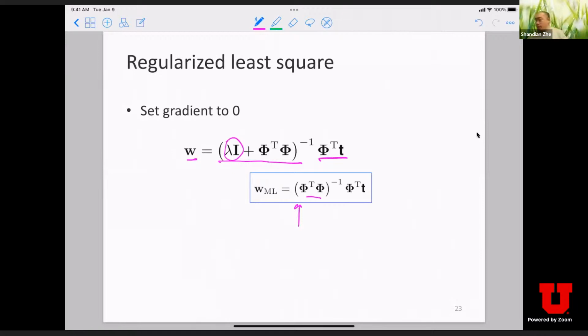We know that phi transpose phi is positive semi-definite for sure, but it could be low rank. Now, if I add a diagonal matrix to this low rank or positive semi-definite matrix, of course this lambda must be bigger than zero. What will happen?